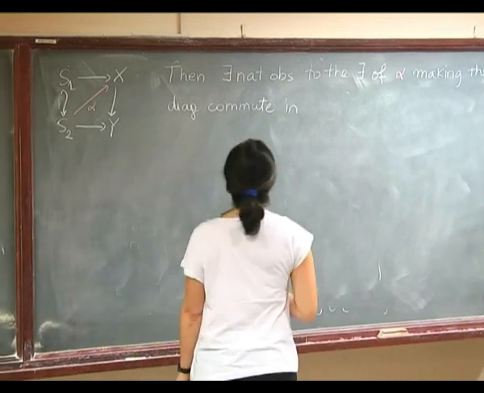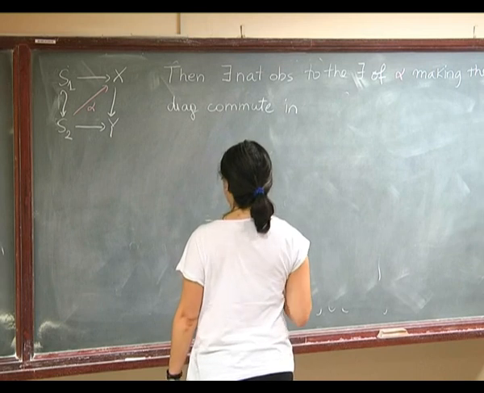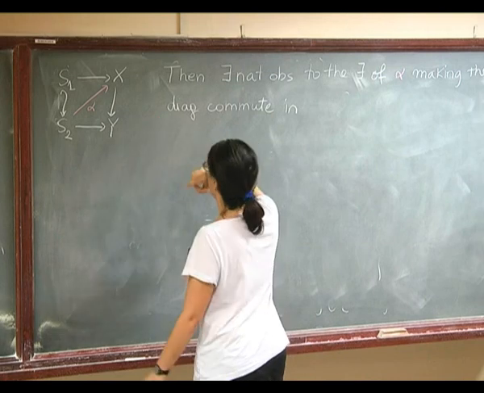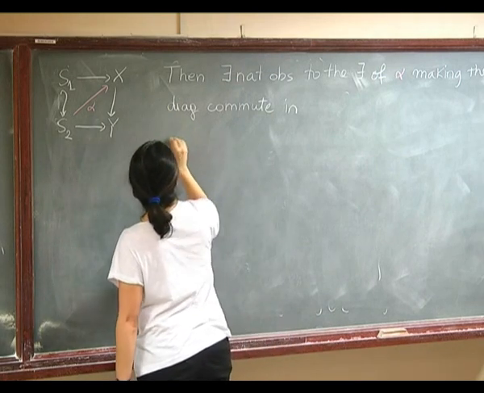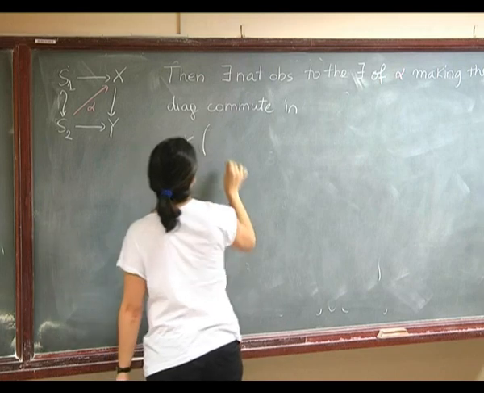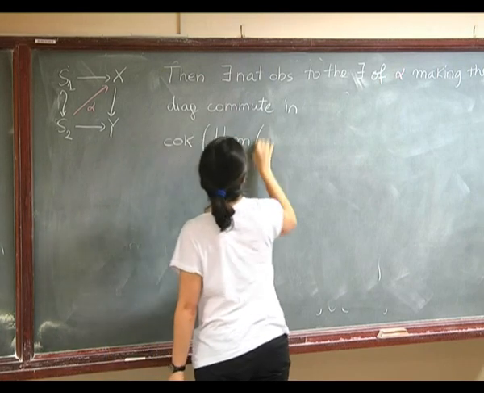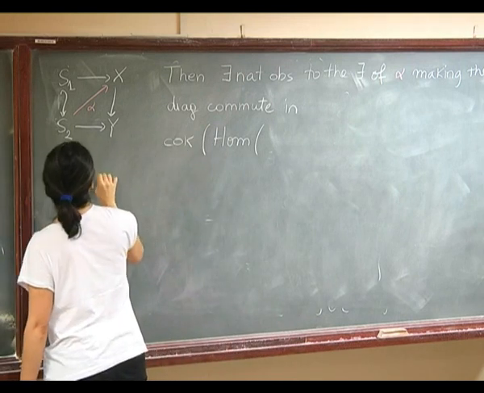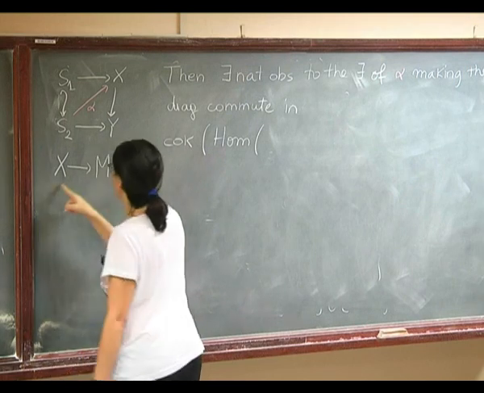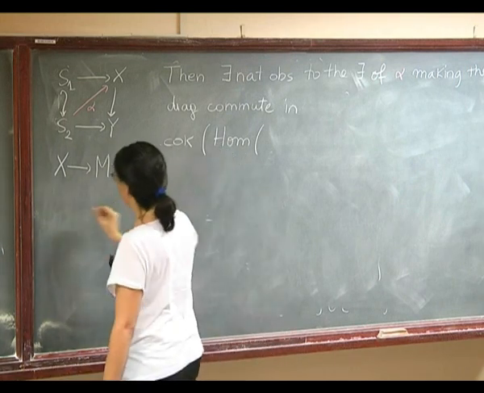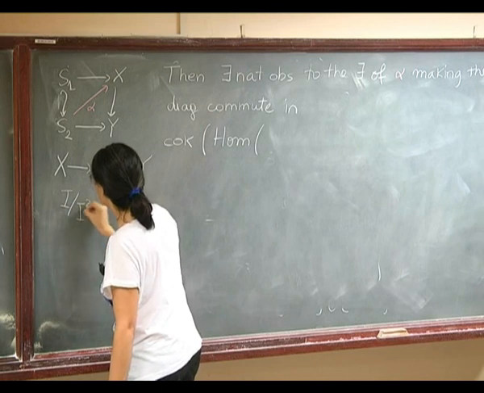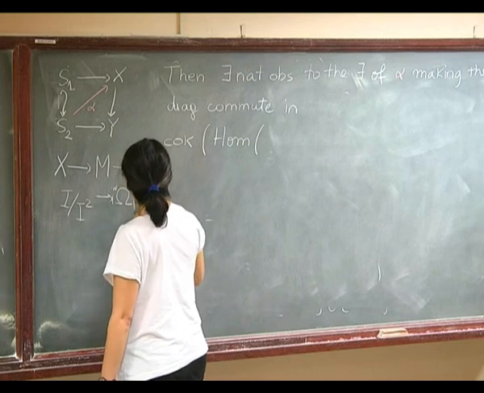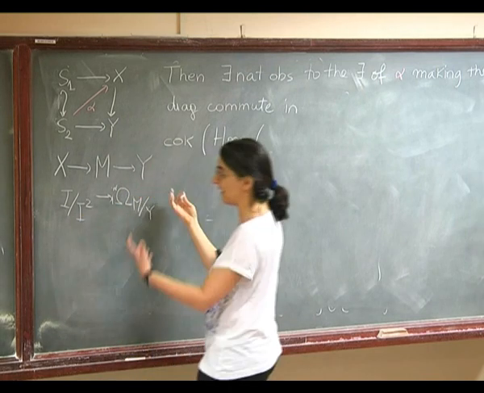So I consider the map O into the cokernel of the Hom. Remember, I have my x, I can factor x in M in Y, and I get a complex I mod I squared into Omega_I, the pullback of Omega_M over Y. This is my LF.